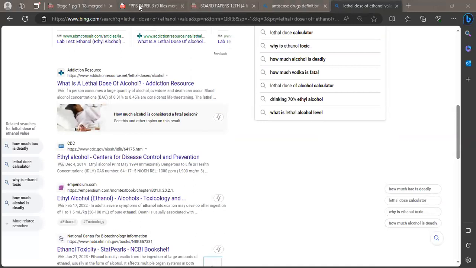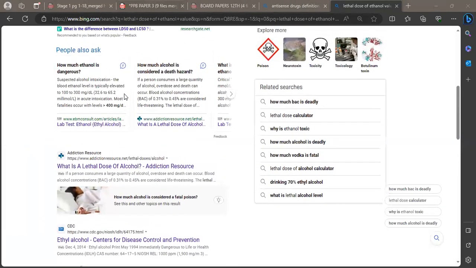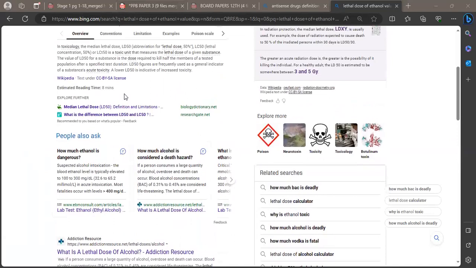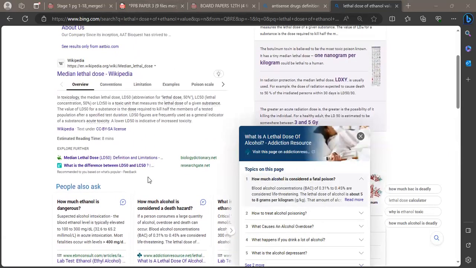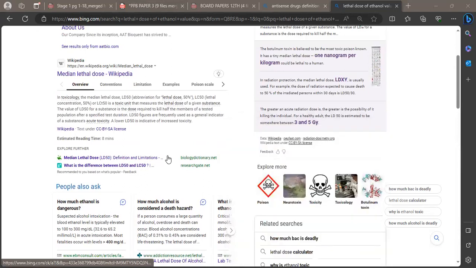There was something up there that I saw. Was it 1 nanogram per kilogram? What was it? 1 nanogram per kilogram could be lethal. Oh, never mind. Sorry, I was looking at my own.